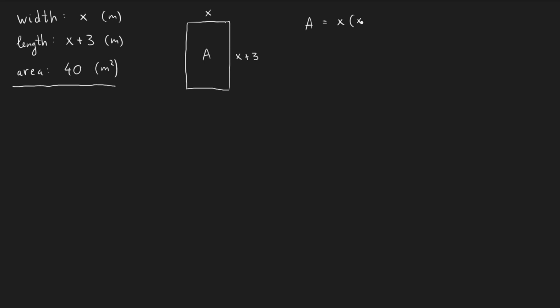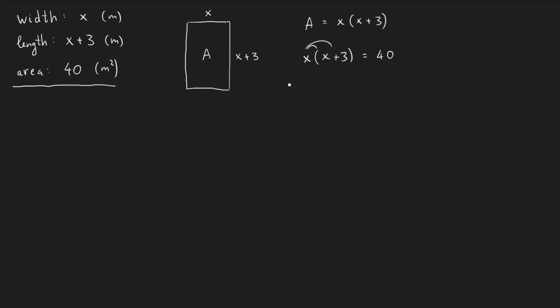This is x times x plus 3. So let's just write down the equation and put 40 into the place of the area, and I will start with the right hand side. So x times x plus 3 must be equal to 40.